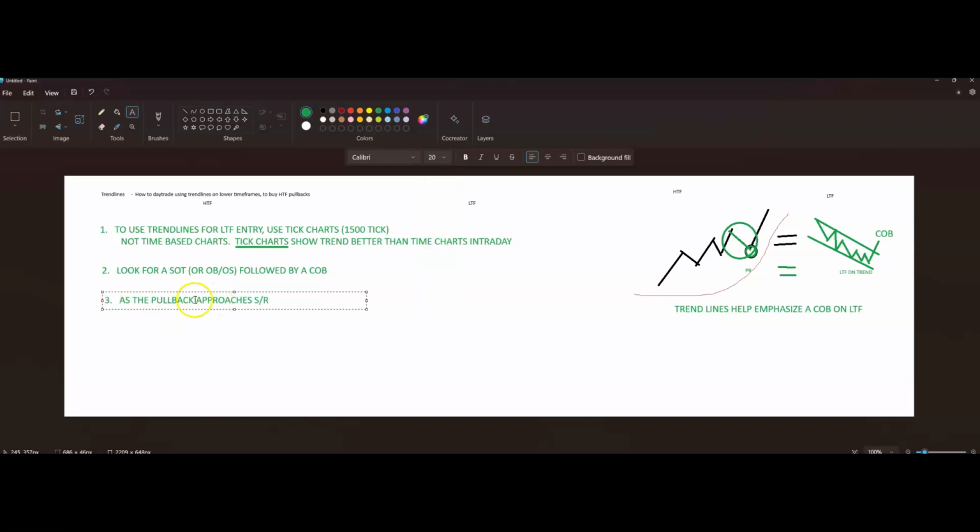As the pullback approaches higher time frame support resistance levels, it could be in a spring position or upthrust position, doesn't matter, but it should be around support resistance. Again, the pullback needs to be around support resistance. Like right here is around support resistance. It could have sprung it. It could have gone a little lower and done a spring.